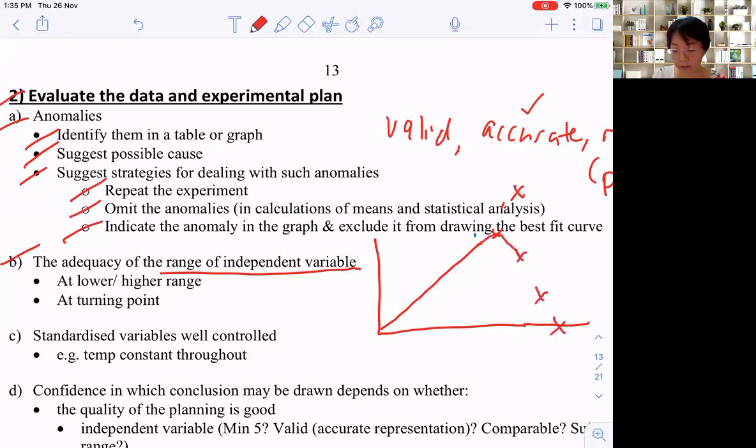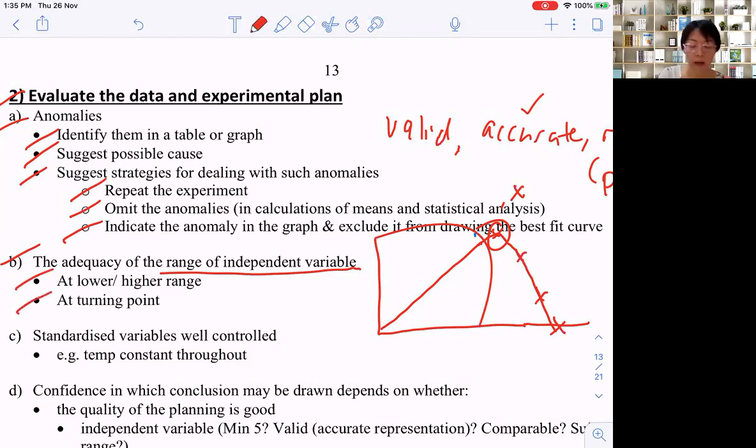So then I will know my optimum temperature is this one here. So that means my original range of data is insufficient for me to find out where my optimum temperature is. That could be a reason I have to repeat the experiment. My reading is at a lower range or higher range, so I have to increase it.